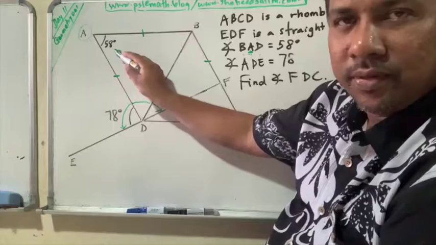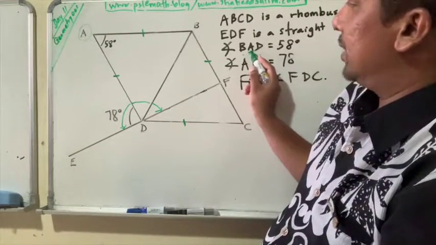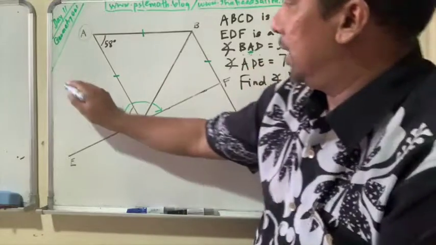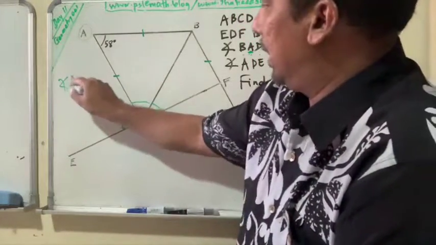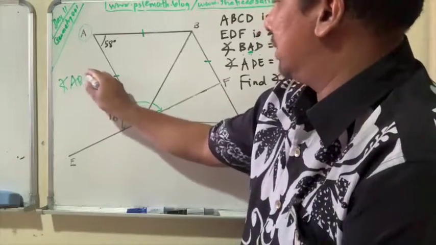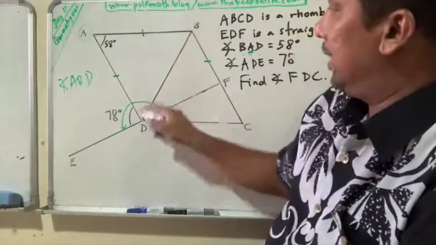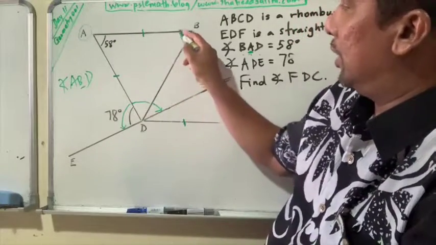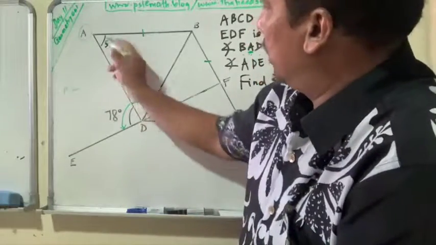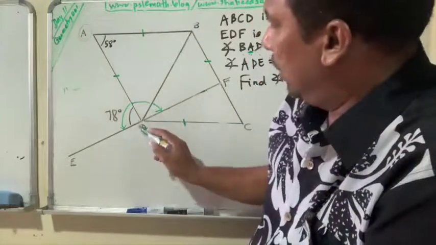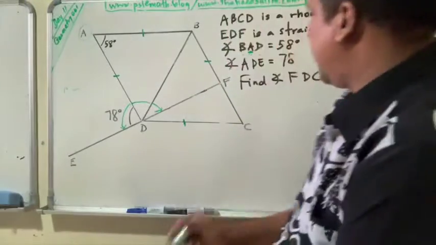It's always the center letter that is the angle. You cannot say angle ABD is this angle, because in ABD the center is B, so it's referring to the angle at B. You can call this angle BAD or DAB, either one. It's the same thing.